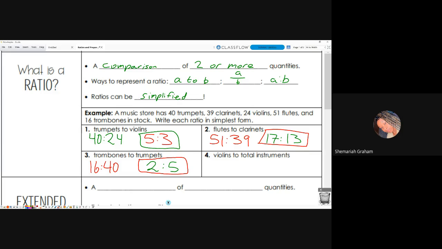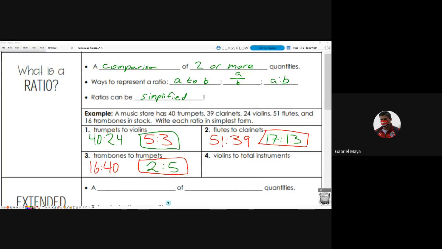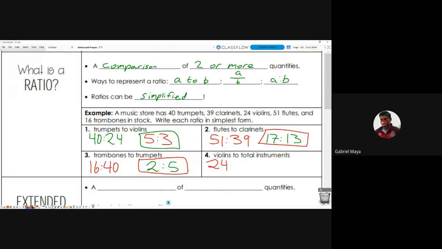So at first I got 24 to 170, and then... Could you say it a little louder? We got the air conditioner here and it's kind of loud. At first I got 24 to 170, and then... Give me a second. 24 to 170, correct.